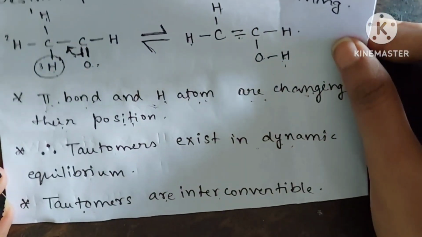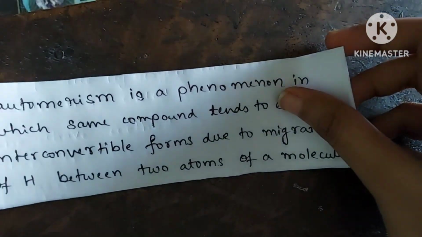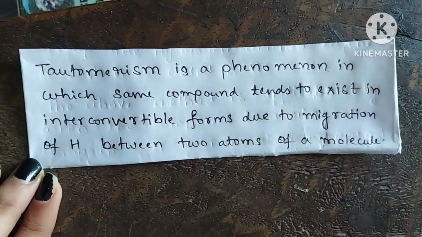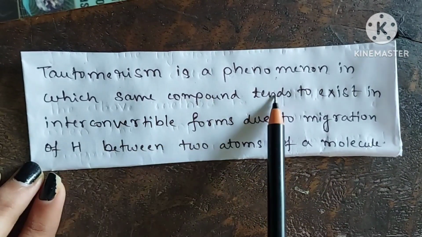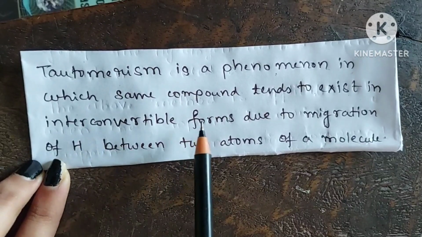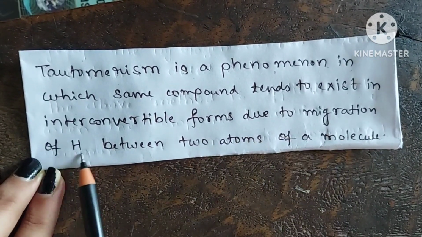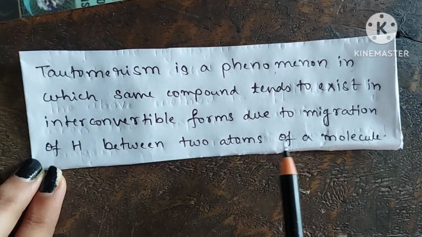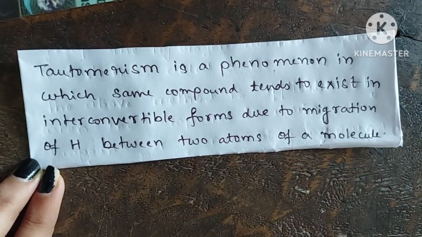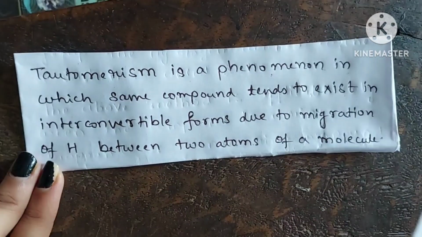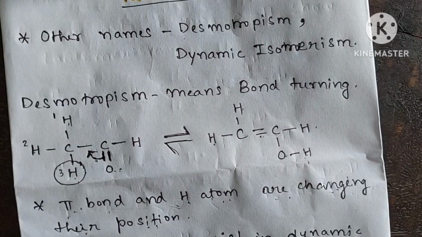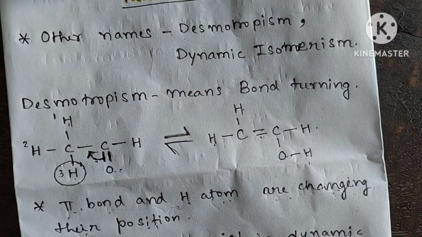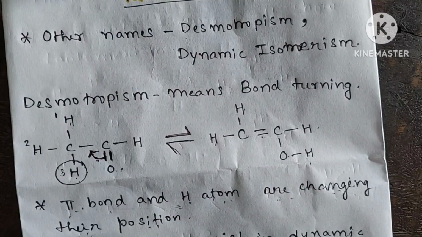Now we will read the overall definition of tautomerism. Tautomerism is a phenomenon in which the same compound tends to exist in interconvertible forms due to migration of hydrogen between 2 atoms of a molecule. So the earlier example is what we will take and see. It is a phenomenon in which the same compound tends to exist in interconvertible forms.